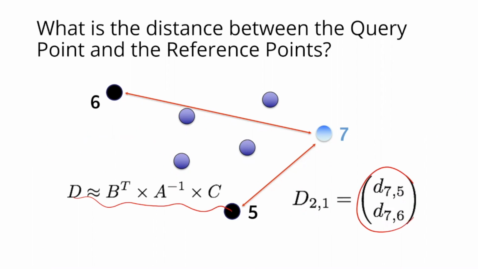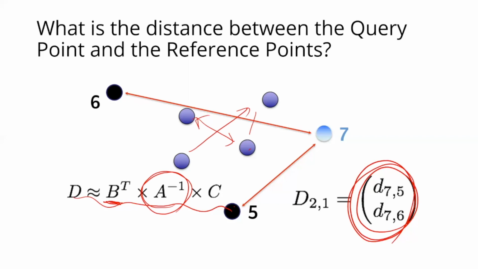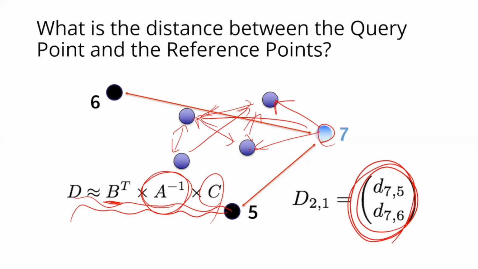This unknown part over here equals B transpose. B was the distance from the references to the pivot points, and then A inverse, where matrix A was the distance between all pairs of the pivots, and then times C, where C was the distance from the query point to all the pivots.